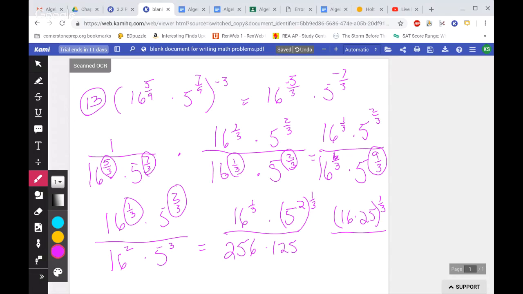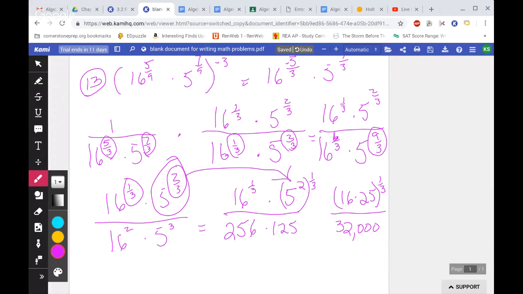How come you're allowed to square that though? Because we figured out that 2 times 1/3 is the same as 5 to 2/3, right? These two are the same exact thing, but what I'm trying to do is get it to where I have the same exponent.